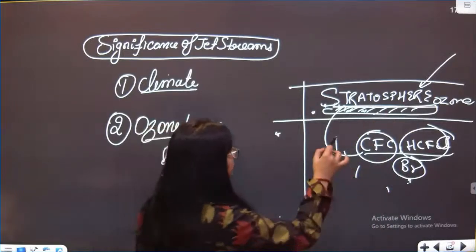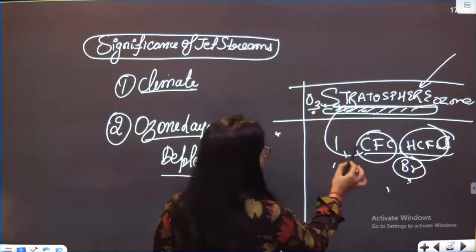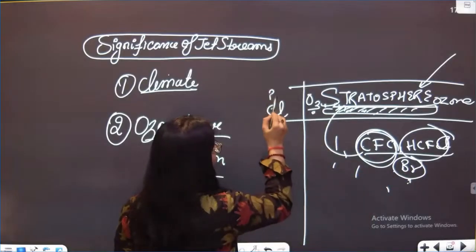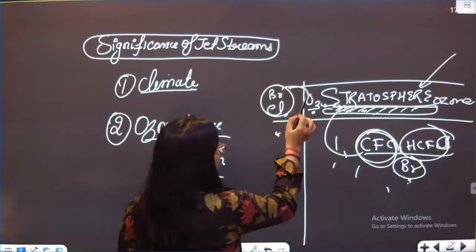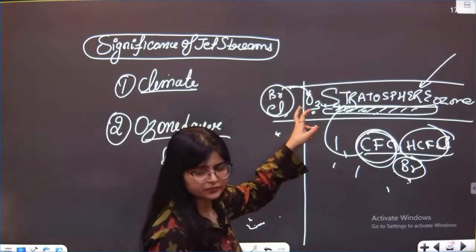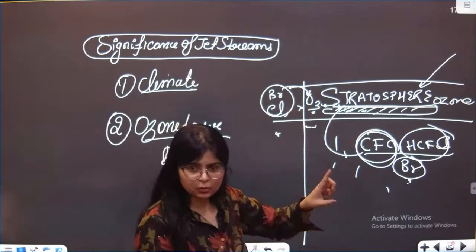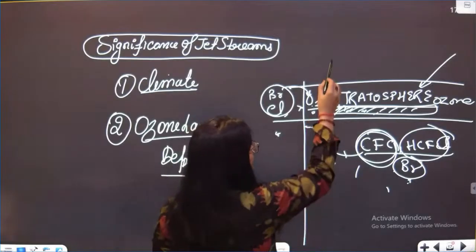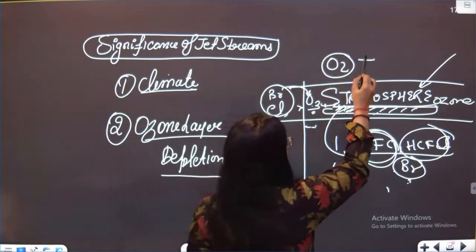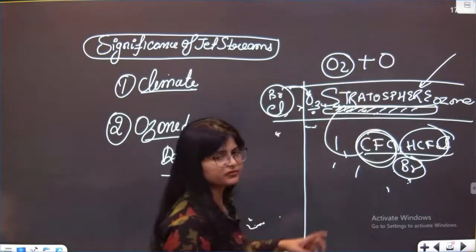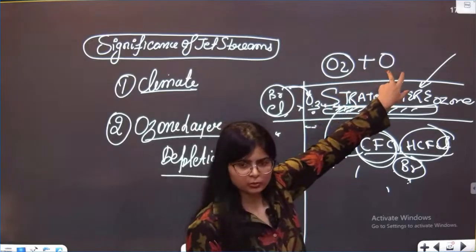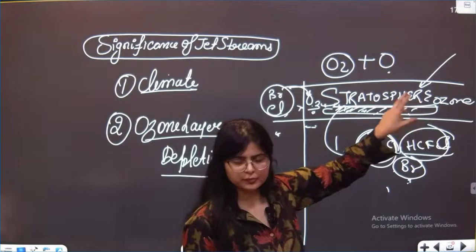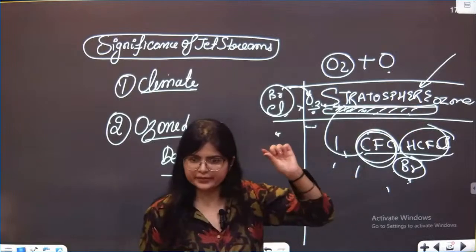Okay, and this O3. So what will happen when this chlorine, bromine, they all go here? They react with O3. They try to break O3. When they react with them, it produces O2 plus O, a free radical, free O. Right? Again, they will react with O3. So basically, your O3 is getting depleted.